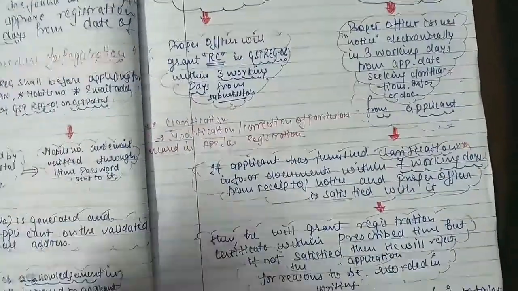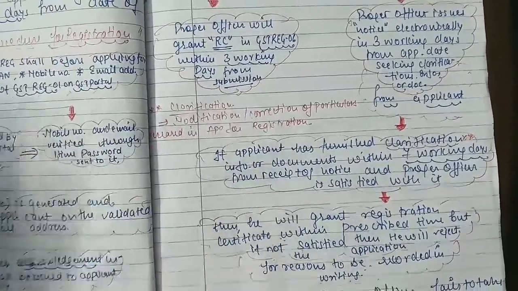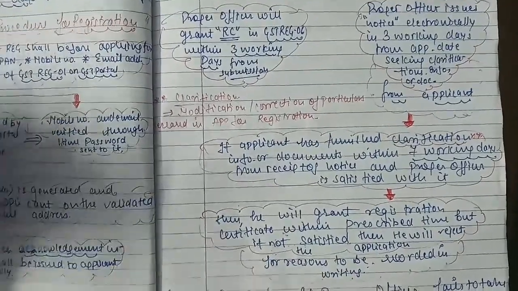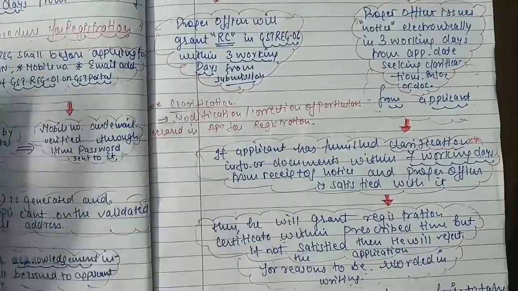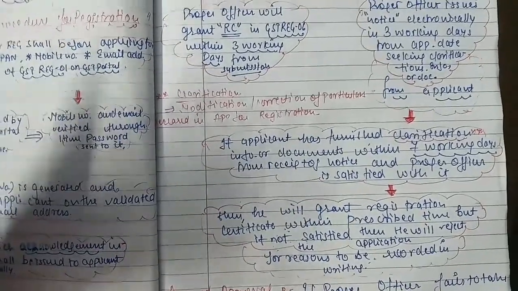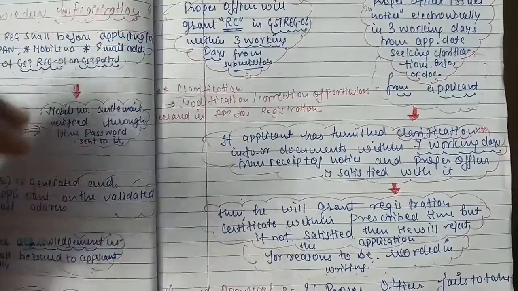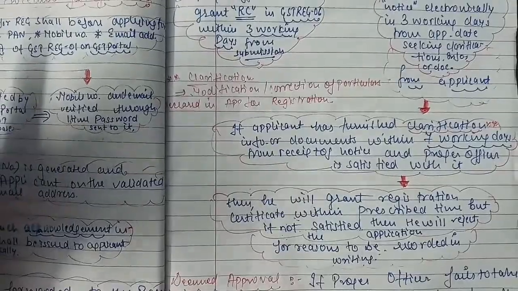And if the applicant has furnished the clarification or documents within 7 working days from the receipt of notice, and the proper officer is satisfied with it, then he will grant the registration certificate within the prescribed time. But if not satisfied, then he will reject the application for reasons to be recorded in writing. Reasons should be there.